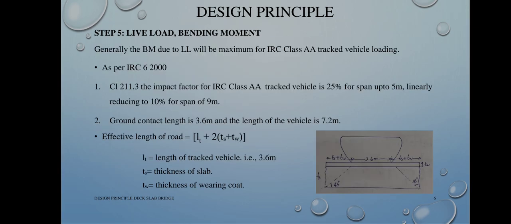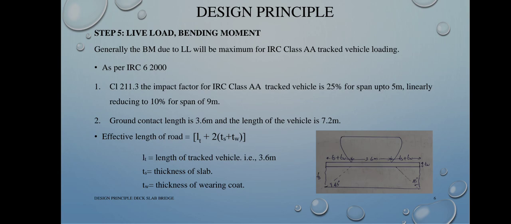Step 5 is the live load bending moment. Generally, the bending moment due to live load will be maximum for IRC Class A tracked vehicle loading. As per IRC 6-2000, clause 211.3, the impact factor for IRC Class A tracked vehicle is 25% for span up to 5 meter, linearly reducing to 10% for span of 9 meter.